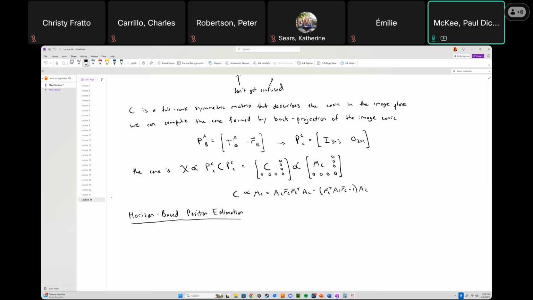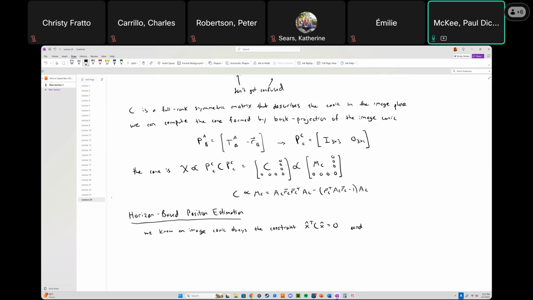So we know that an image conic obeys the constraint X transpose CX equals 0.